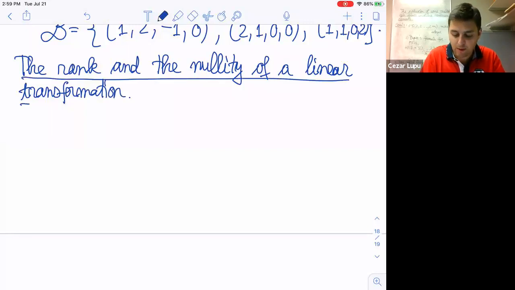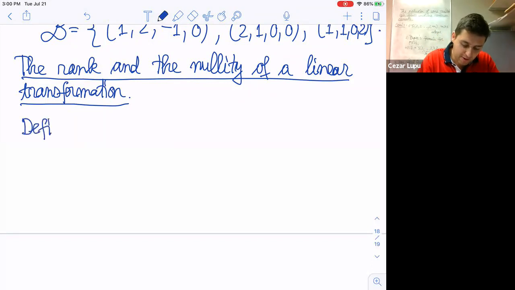Probably you're wondering what is the rank of a linear transformation? Is there any connection between the rank of a linear transformation and the rank of the matrix? Well, let's see. So let me give you the definition first.